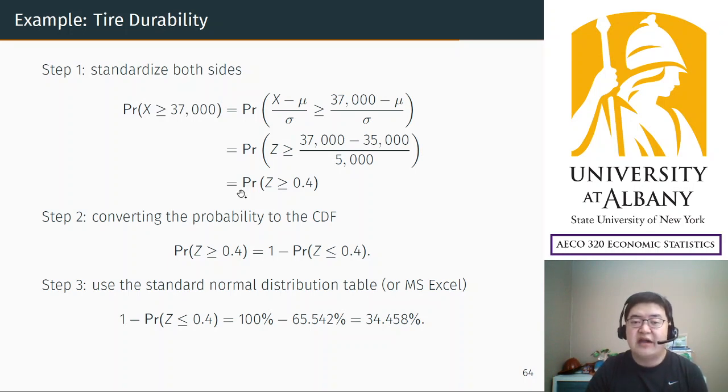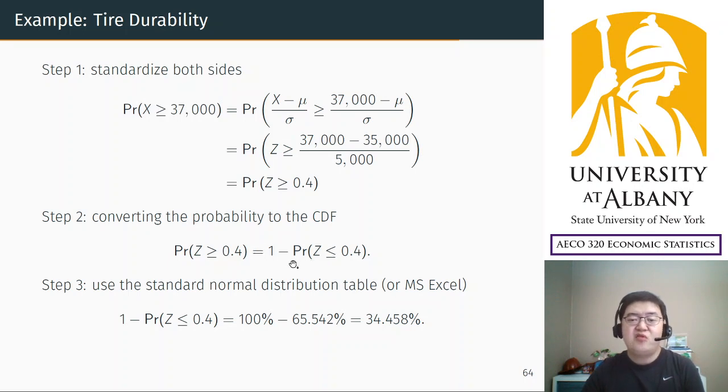So you need another transformation in this step. The probability greater than 0.4 must be transformed into 1 minus the probability smaller than 0.4 because Excel only tells you the probability smaller than something.